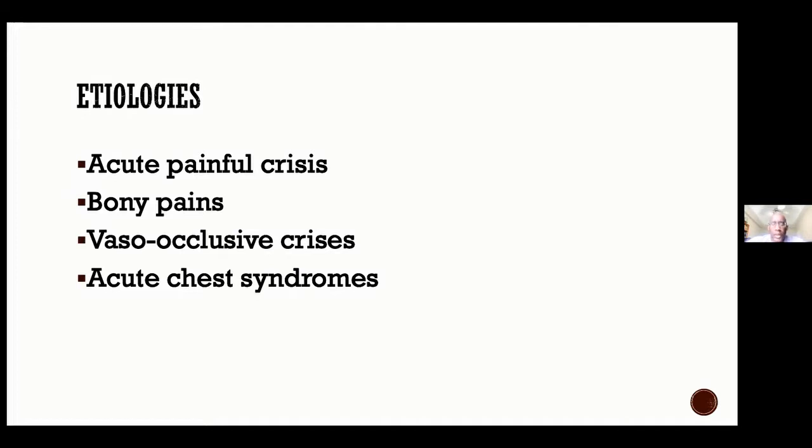If you have compromised respiratory function, you have compromised oxygenation, and you get more sickling. It's a self-fulfilling prophecy in terms of how it spirals. And organ ischemia. So these are the main ways that patients present with pain.